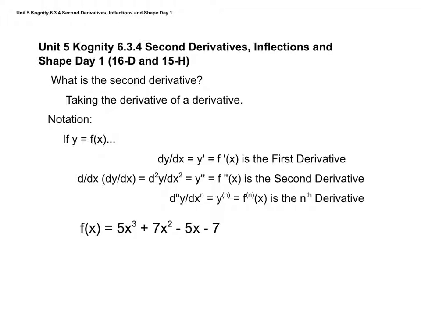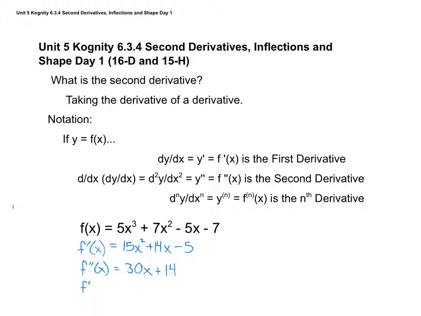Now, if I have a polynomial function, the nice thing is the more you take the derivative, the simpler it gets. The first derivative of f of x is 15x squared plus 14x minus 5. The second derivative is 30x plus 14.